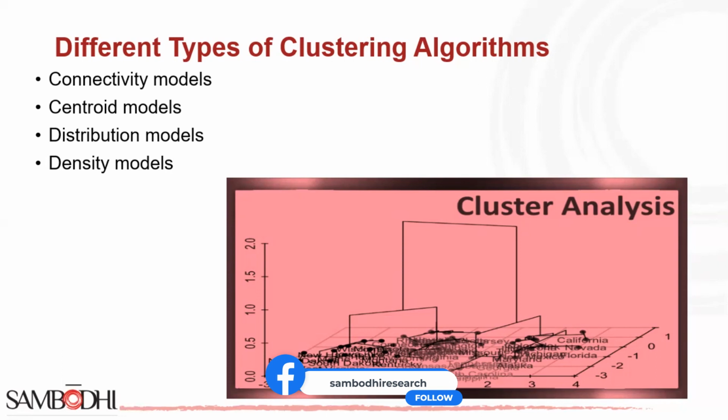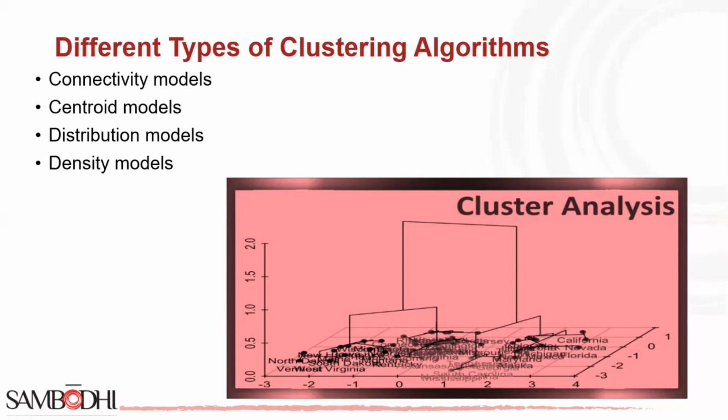Then there are centroid models. These are iterative clustering algorithms in which the notion of similarity is derived by the closeness of a data point to the centroid or cluster center of the clusters. Now, the k-means clustering algorithm is a popular algorithm that falls into this category.